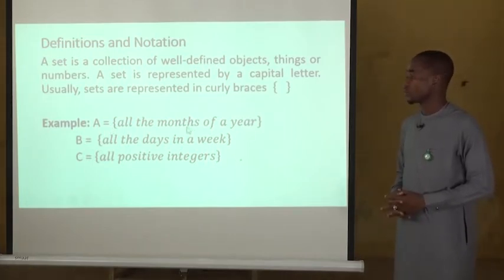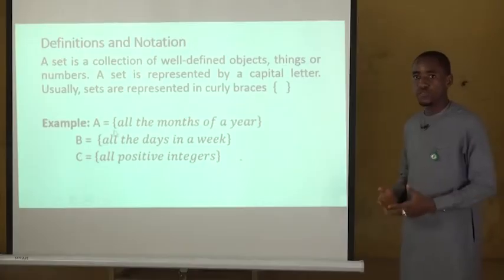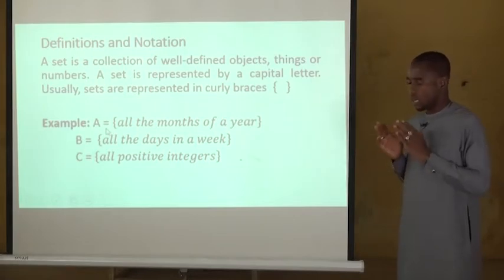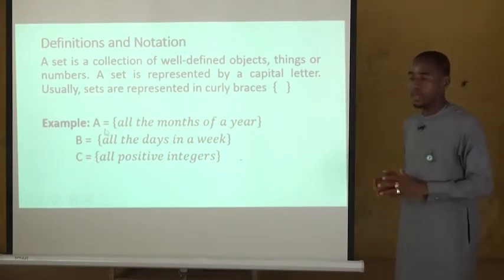When we say set of all months in a year, learners should know that we refer to January, February, March, April, May, June, July, August, September, October, November, and December. Now this set A is well defined because all the elements within that set are months of a year.